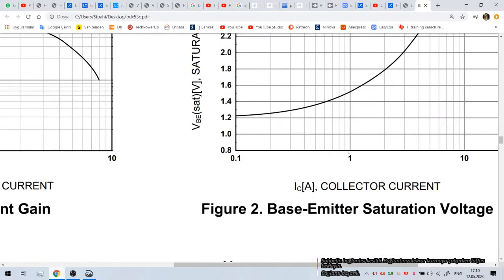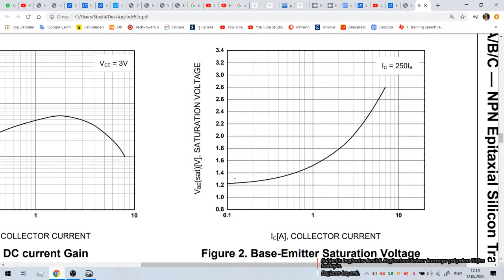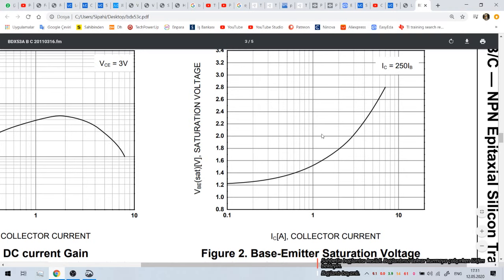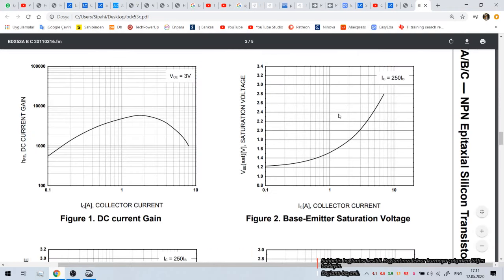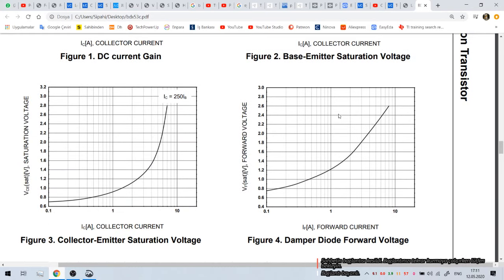It seems we need, maybe for 4 amp, 2.4 volts. 2.4 volts. It is greater than I thought. This base emitter voltage is not stable. It differs with collector currents very much. Okay.